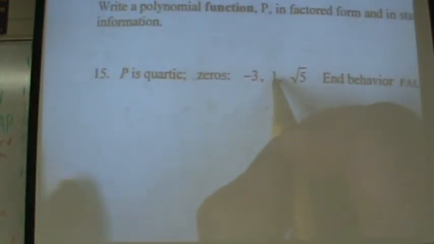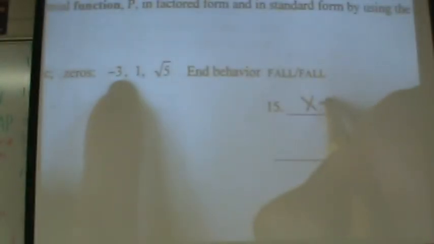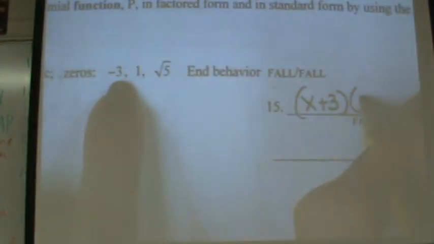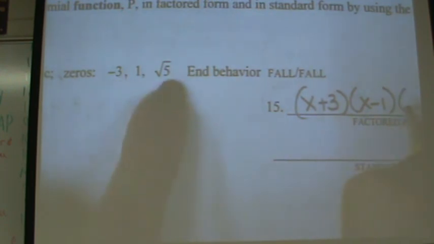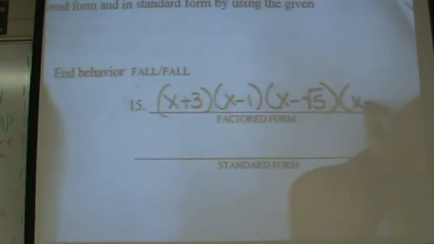2 more. Number 15. If I give you negative 3 and 1 are your zeros, those are real, you would write in factored form x plus 3 times x minus 1. And if square root of 5 is a 0, you'd have x minus root 5, and because they come in pairs, x plus root 5.